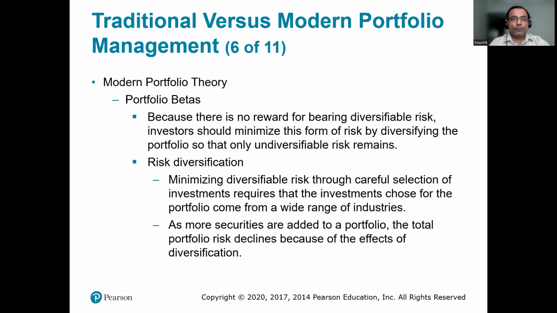So what does modern portfolio theory say? It says that when we are combining assets, we are actually also combining their betas. There is no reward for bearing diversifiable risk because the diversifiable risk is eliminated or minimized through portfolio diversification.